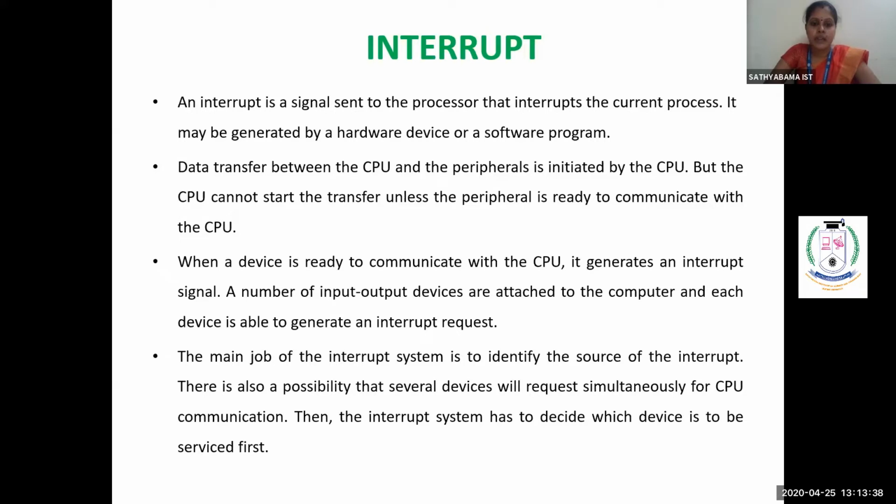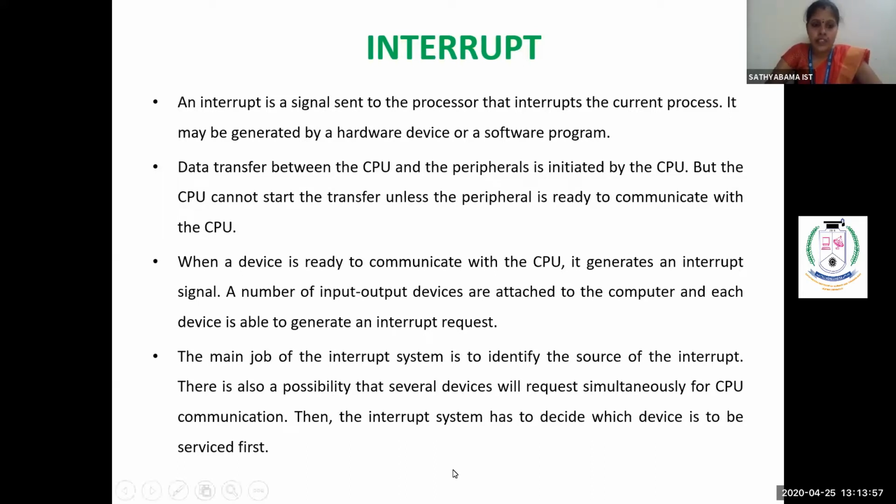At that time, the peripheral should be ready. Only after that will the CPU be able to send the result to the device. So the peripheral should say, I'm free now, please send the result to my device. Like that, the interrupt signal is passed to the CPU, and only after that can we communicate with the CPU.